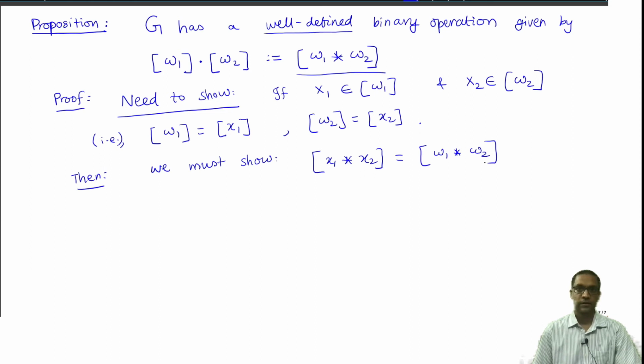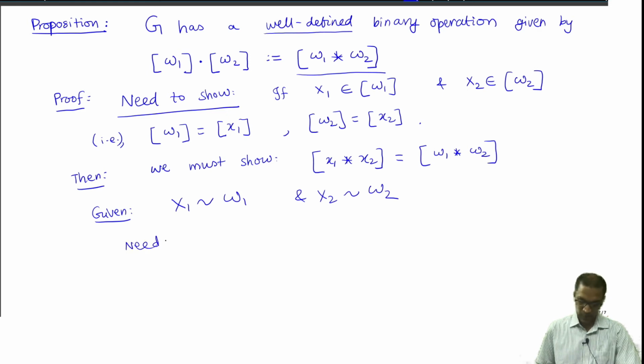Again, it comes about from the special way in which the equivalence relation was defined. So observe, what are we given? We are given that x1 and w1 are equivalent to each other, and x2 and w2 are equivalent. What we need to prove is that the concatenations are equivalent: x1 star x2 is equivalent to w1 star w2.